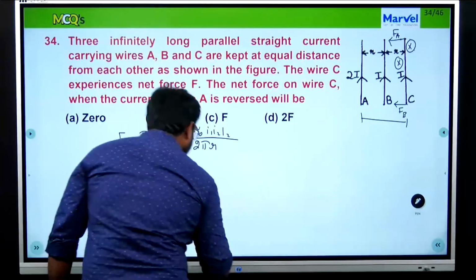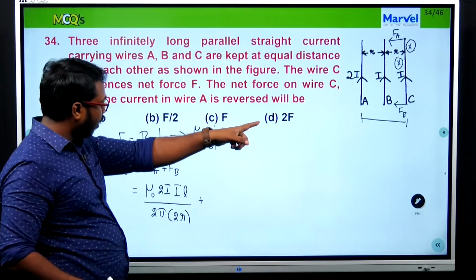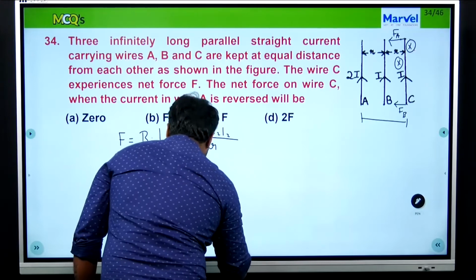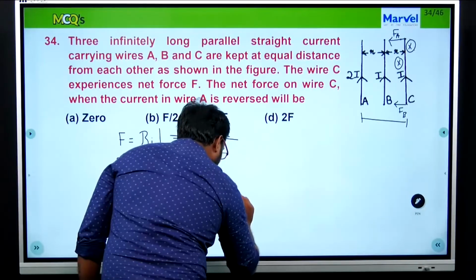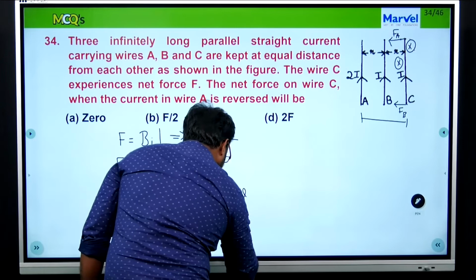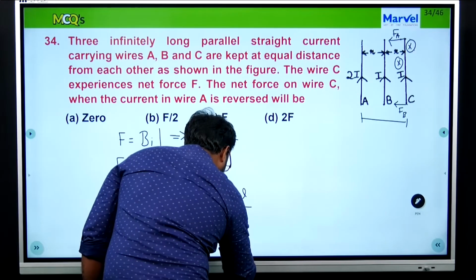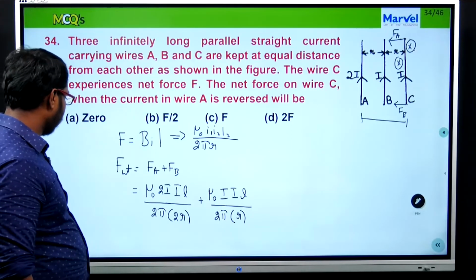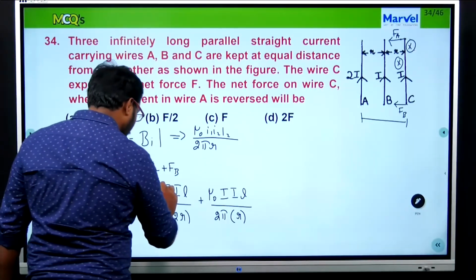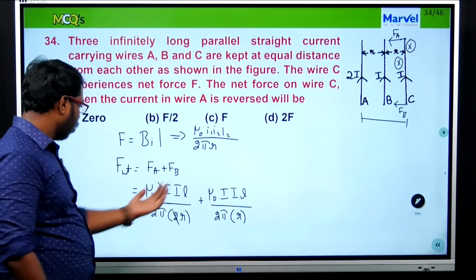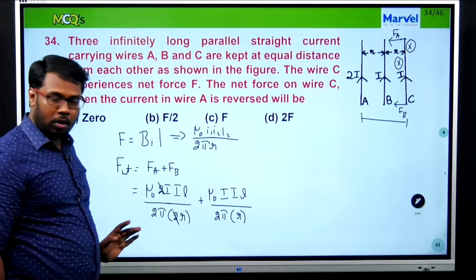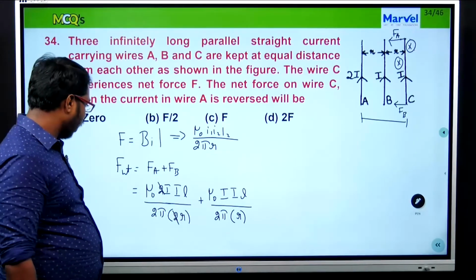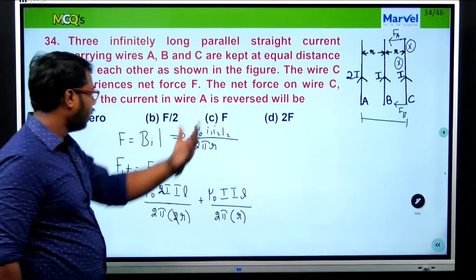Then plus force on C due to B, mu naught into I into I times L by 2 pi of R. So if you just have a look at this, what happens? Almost both the equations are the same. That is, force due to A and force due to B are the same. That is what I understand by seeing this.